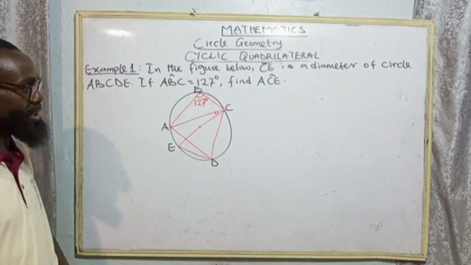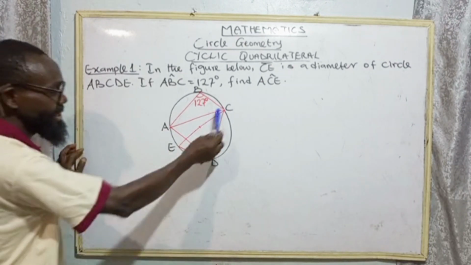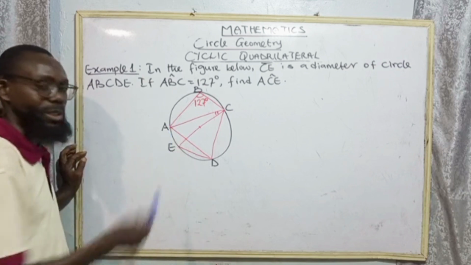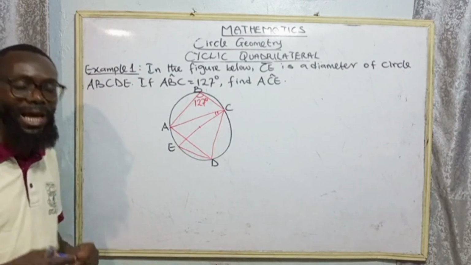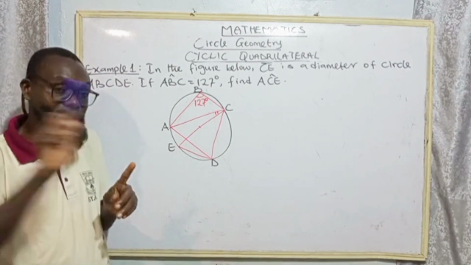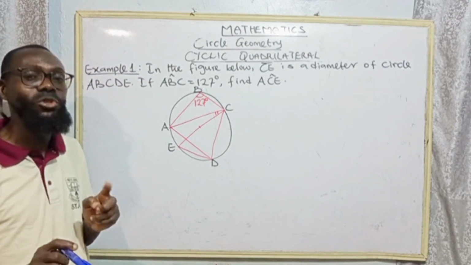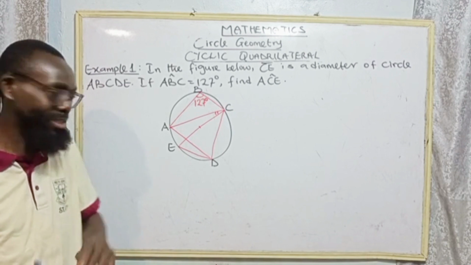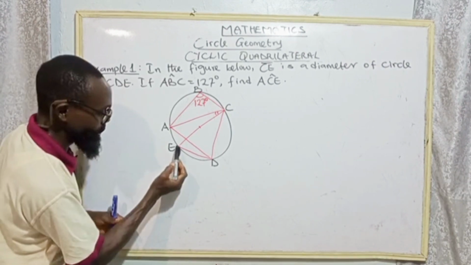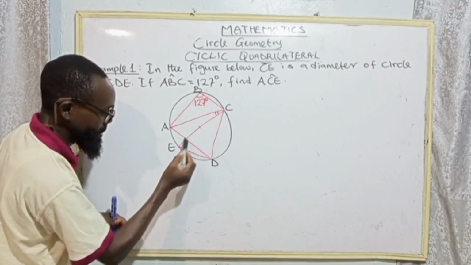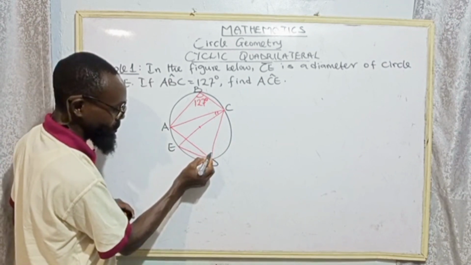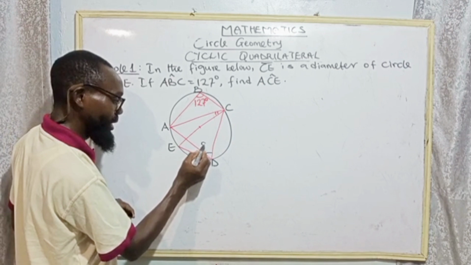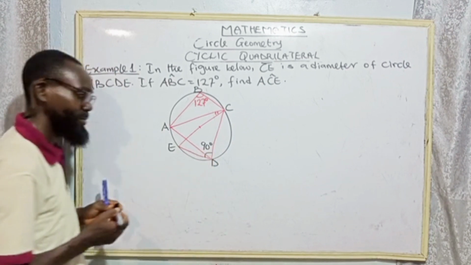Now, we are told that line CE is a diameter. And don't forget that when we have a diameter, any angle formed by that diameter is going to be a right angle, that is 90 degrees. If I trace this angle this way, CED, the whole of this angle D here is going to be 90 degrees.